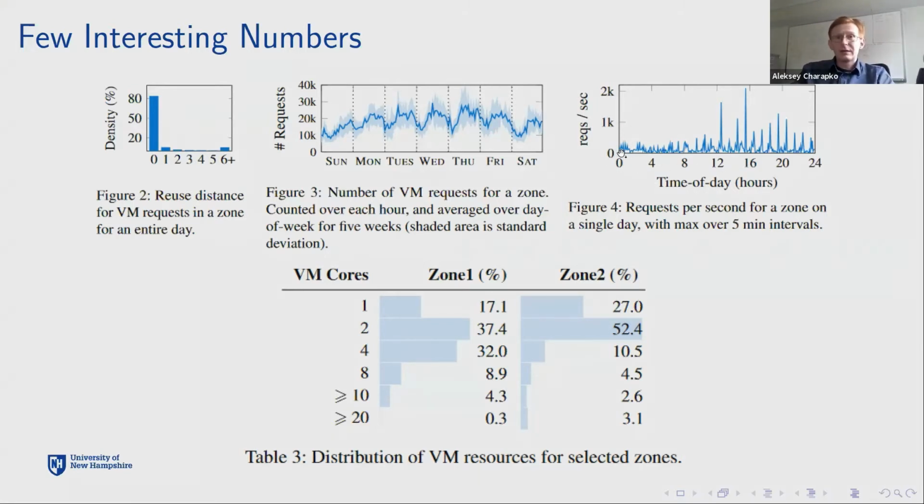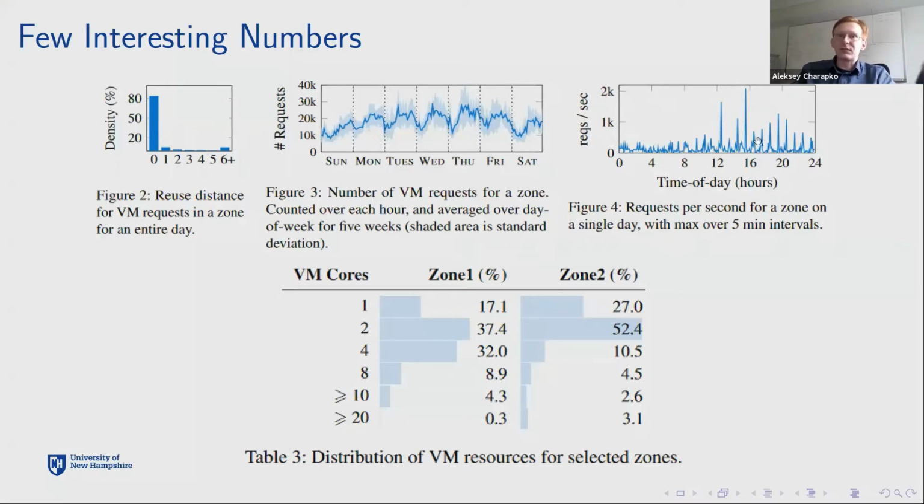Normally it's pretty small. Here we can see at night, 0 to 8 in the morning, it's probably hovering around 200 requests per second, 200 virtual machine allocations per second, plus or minus. But occasionally it can spike, and on these spikes you can have up to 2,000 requests per second.